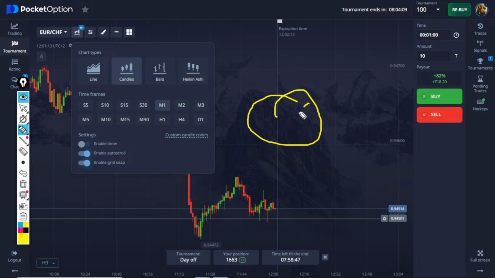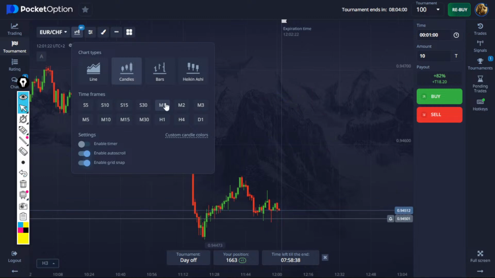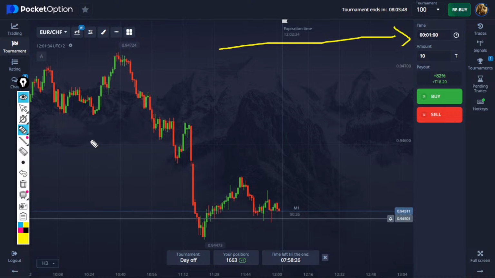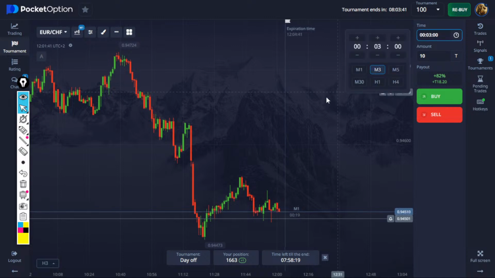Yes, you do. Alright, perfect. So let's go ahead. So normal candles, we'll be using 1 minute chart. Enable your timer and disable the auto scroll. Next, you'll go to the timer section over here and change the expiry time to M3, 3 minutes.